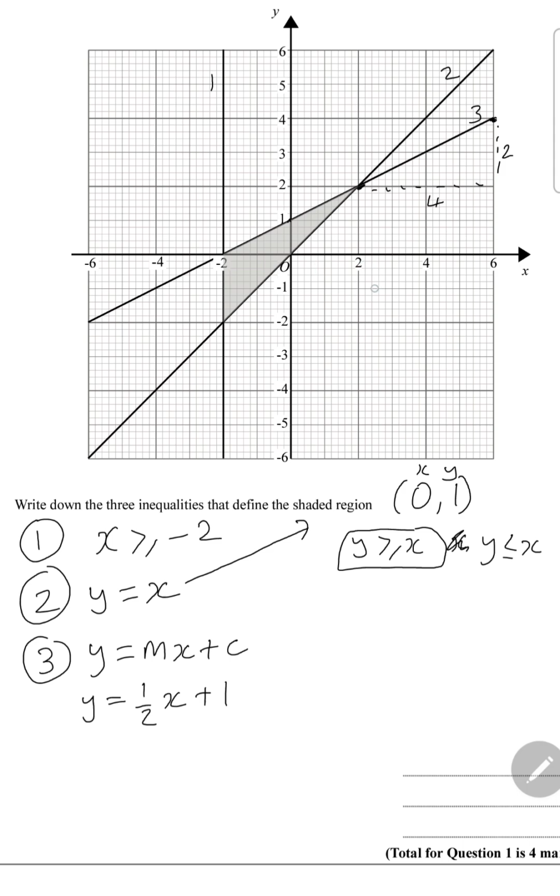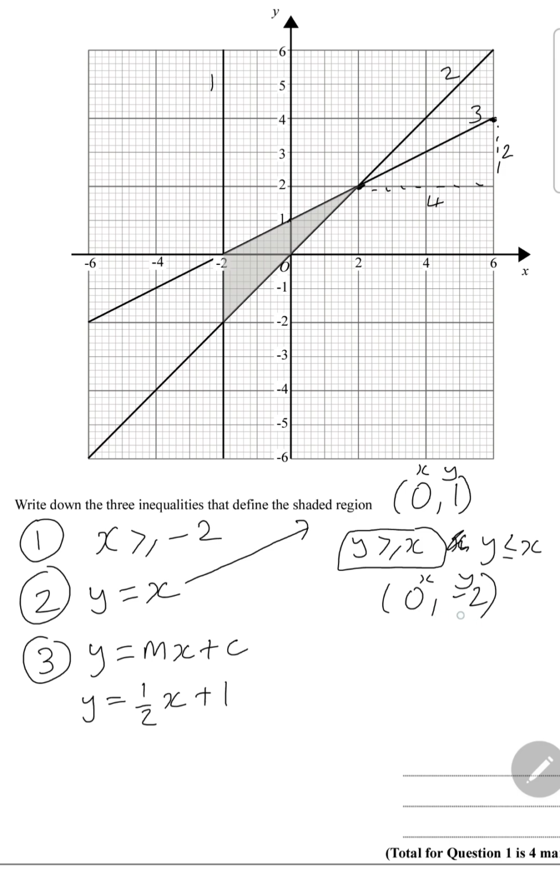If you want to check a point that's not in the shaded region, so for example, if it's not above that line, if it's below it, so if you put in a coordinate like, say, 0, -2, in this case you can see the x coordinate is bigger.